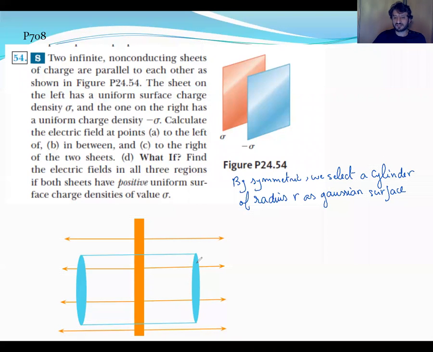Here, this side has a section equal to A, and the same one here equals A. You know the section A equals pi r squared, where r is the radius of the cylinder.